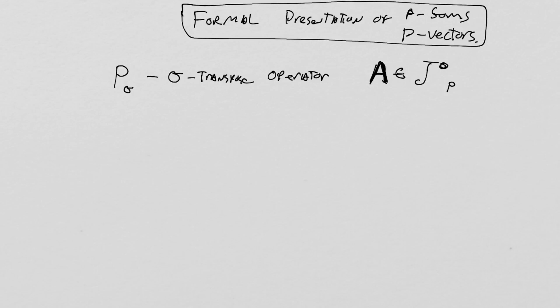It's a tensor in the 0p tensor product space, which means it is a completely covariant tensor with p indices. So its typical representation would be A alpha beta gamma delta, etc., times E alpha wedge E beta wedge, etc.